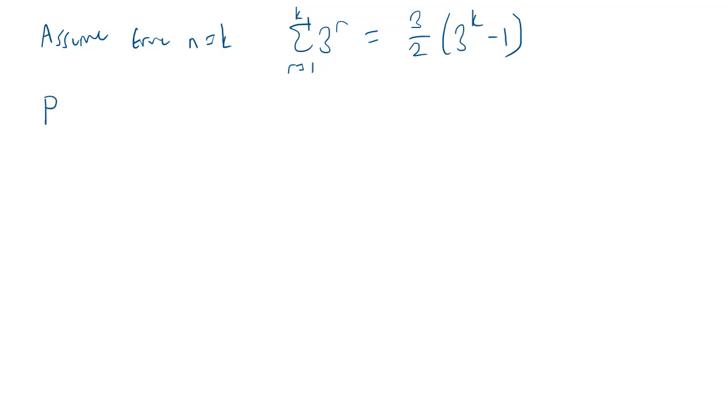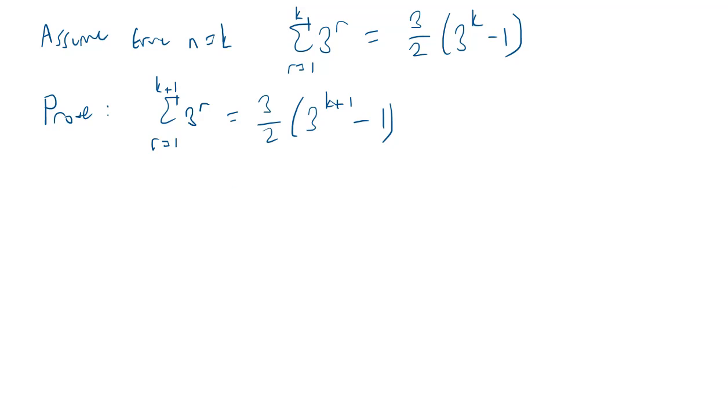And now I'm going to write down the thing I want to prove, which is the sum r equals 1 to k plus 1 of 3 to the power of r. Now it's okay, this one we can write as 3 on 2, 3 to the k plus 1 minus 1. We can write this, that's fine.